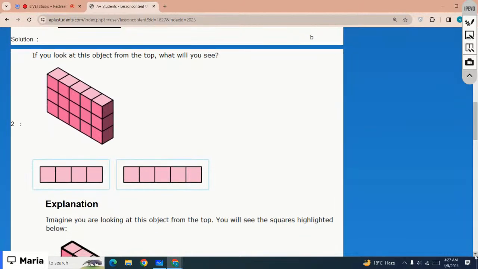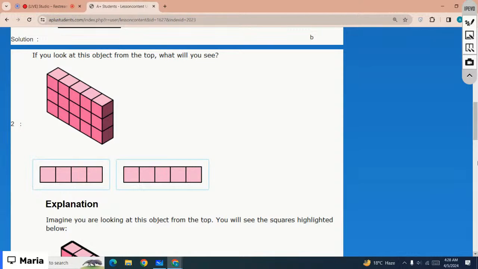If you look at this object from the top, what will you see? Option 1 or option 2? You are looking at this object from the top, so then you can see this portion, right?